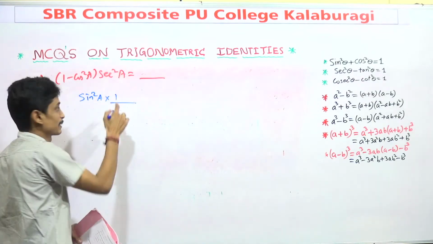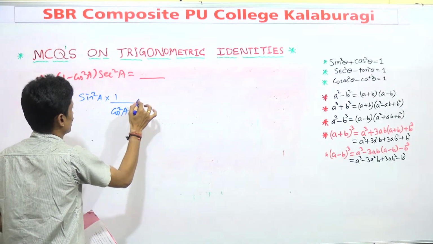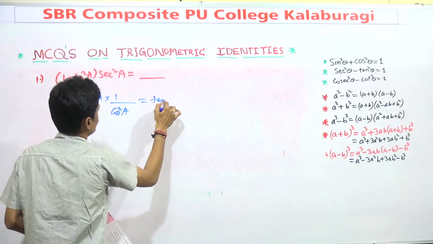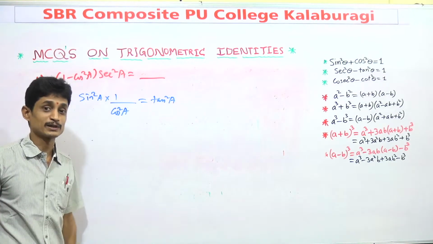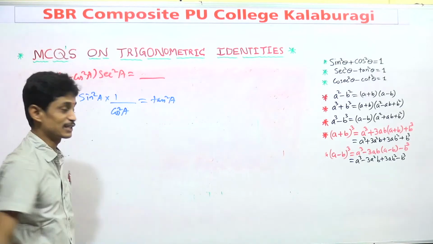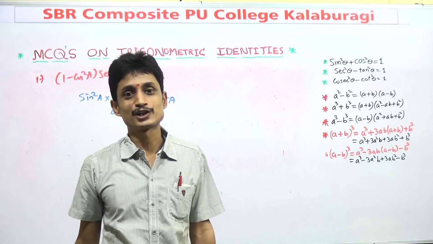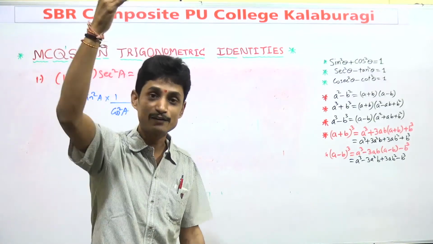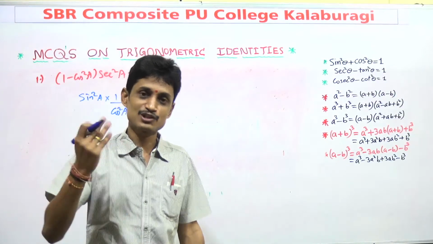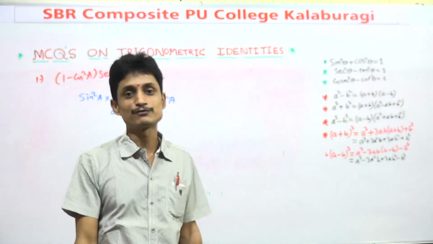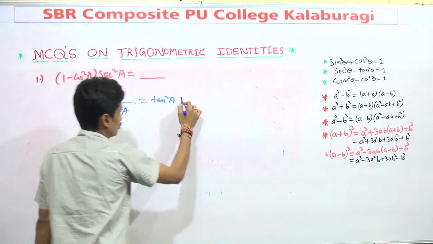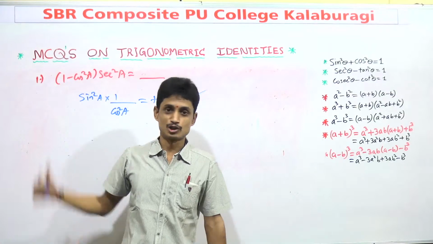Secant means 1 by cos, so it is 1 by cos square A. Sin square by cos square A is tan square A. In the options I can also arrange the answer as secant square A minus 1, or as 1 by cos square A. As I wish, I will arrange the answer. You should be careful while converting. For the time being, just know this is the answer for this question.